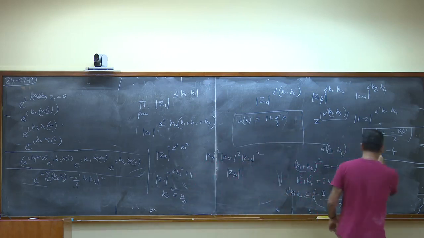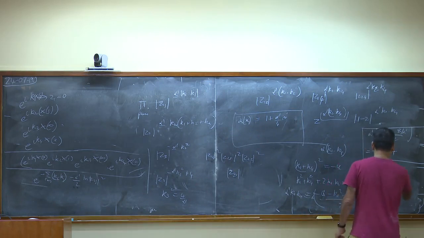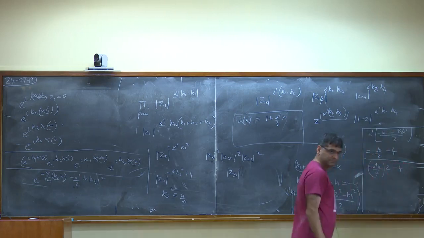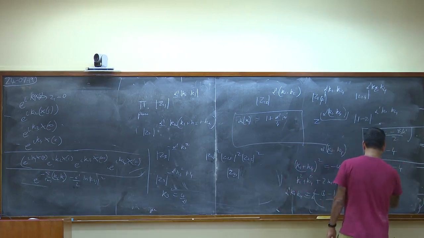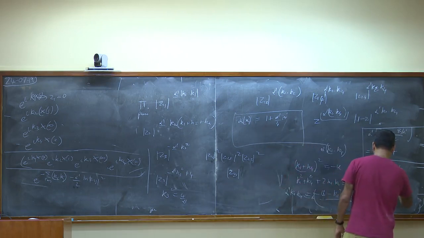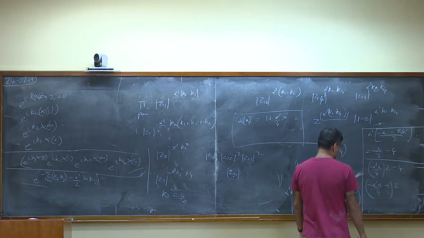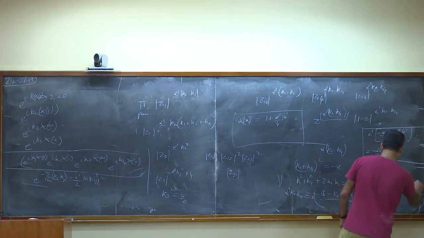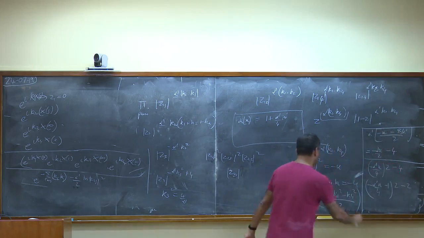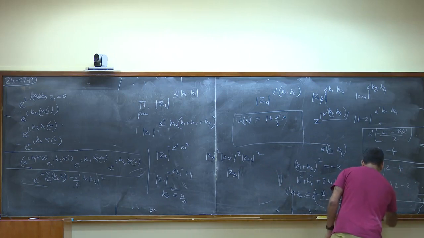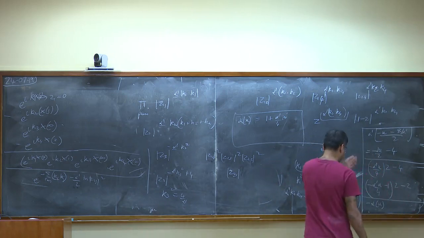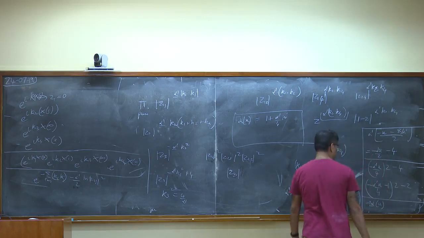So this I will write as minus alpha prime u by 4 minus 1 times 2 times 2, which is equal to minus alpha of u times 2 times minus alpha of u minus 2.